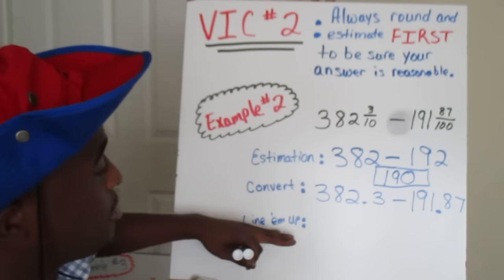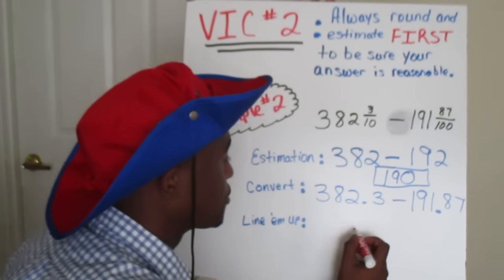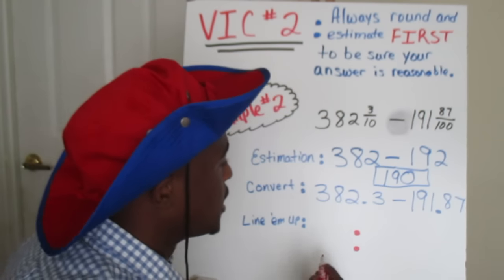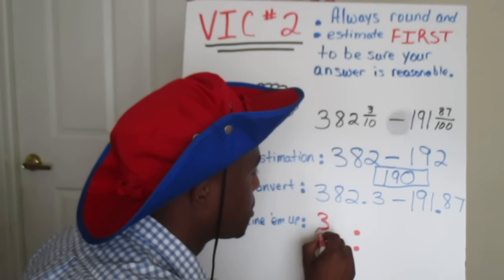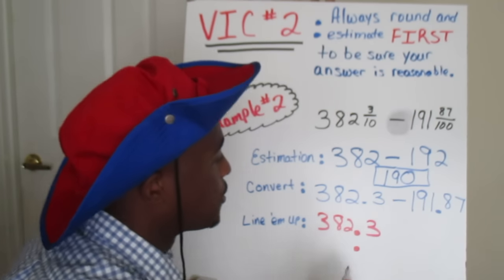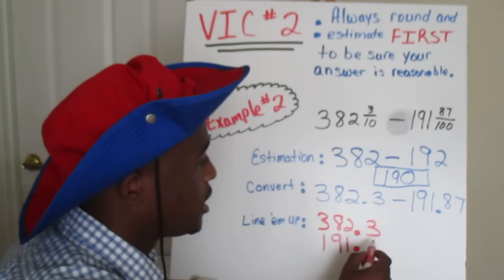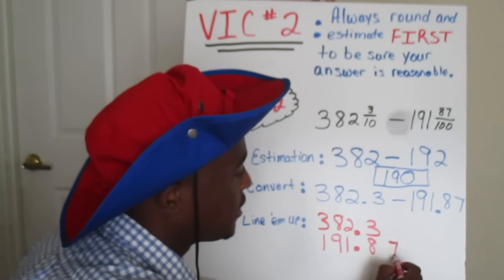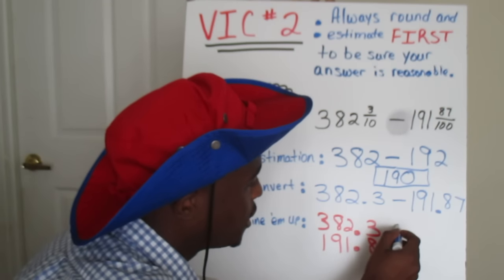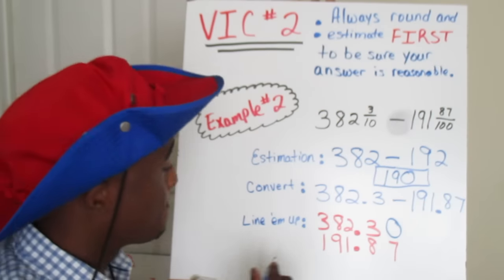Next, the last step to get my exact answer would be to line up my decimals. So I will go ahead and draw my decimal points, and then I will line up everything according to place value. So I have 382 and 3 tenths. I have 191 and 87 hundredths. I'm going to put a placeholder 0 here. That way it saves my spot.